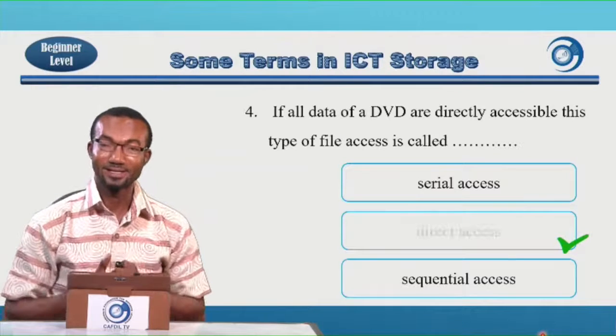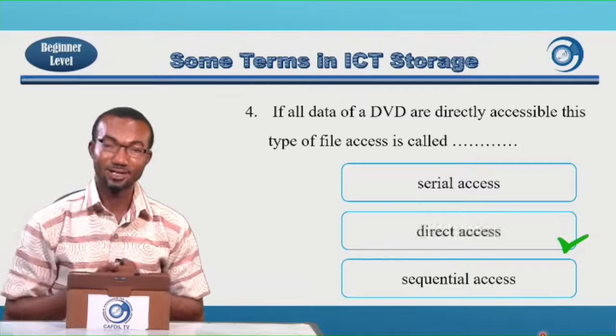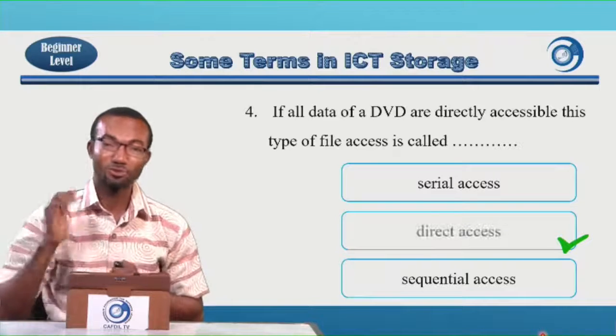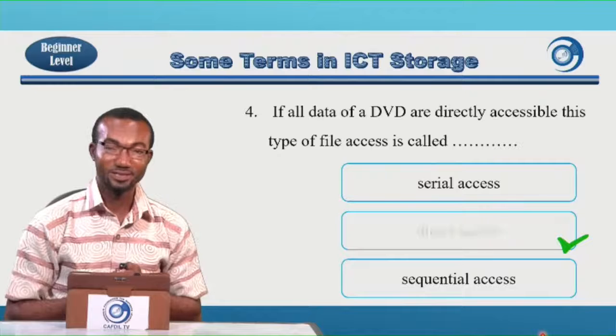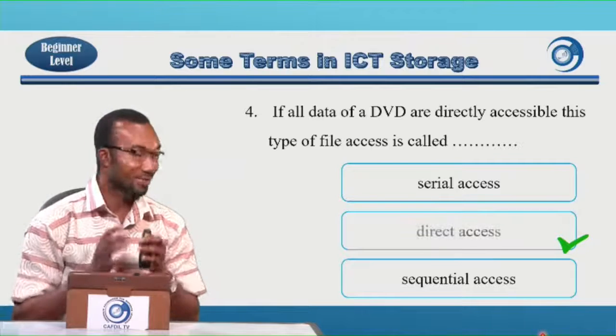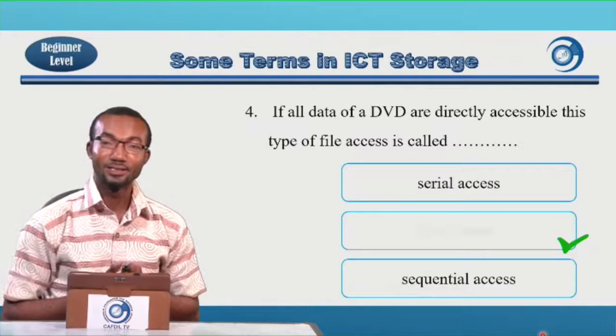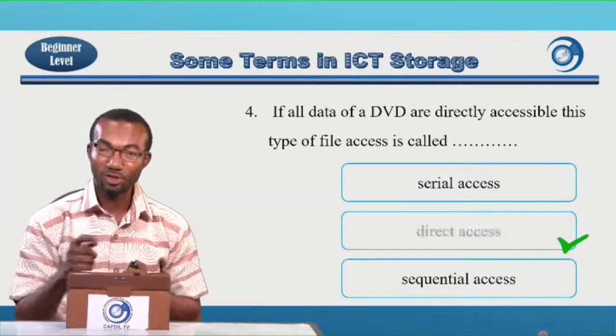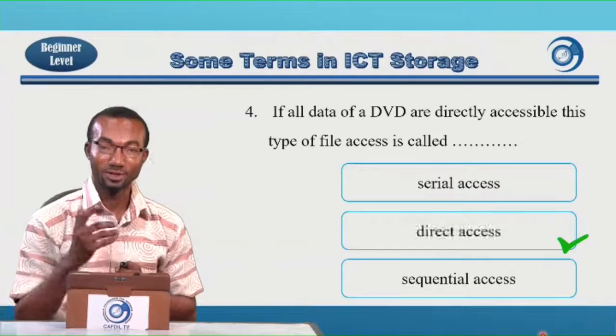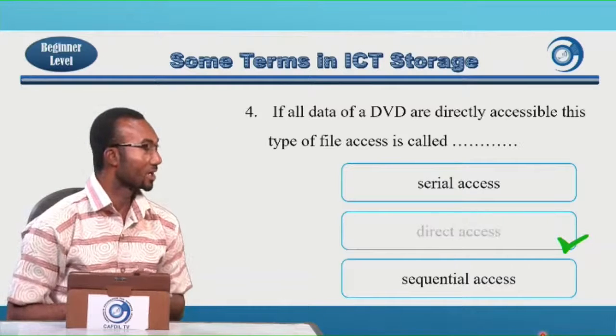Good. Direct access. You can directly locate an information without passing through all the records on the DVD, and if that happens, we call it direct access. If you have to pass through all the data or information on the DVD before getting to the required record, then we term it as serial or sequential.